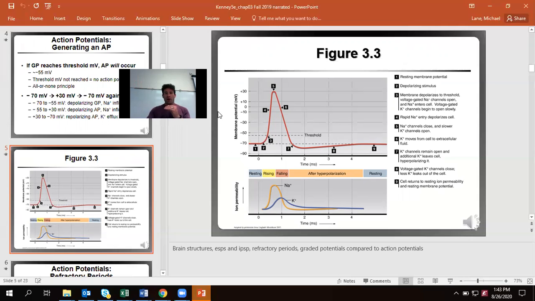When we get to number 5, we close the sodium channels, and then we start opening the potassium channels, allowing potassium to go back out of the cell to bring ourselves back down. And then as we go further on, we keep getting more and more potassium out until eventually we hit that hyperpolarization. So that's going to be the period between 7 and 8. And then eventually we're going to go back to our resting threshold.